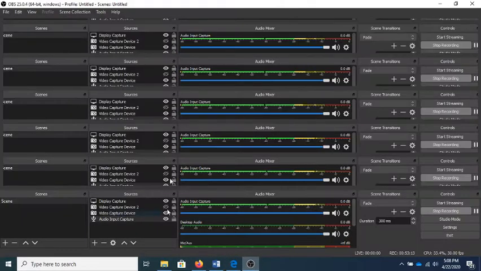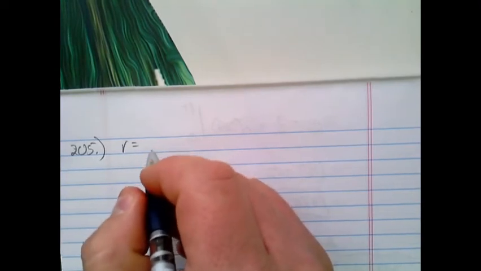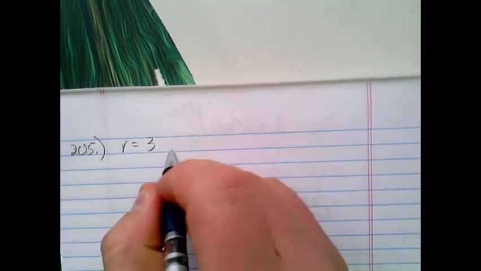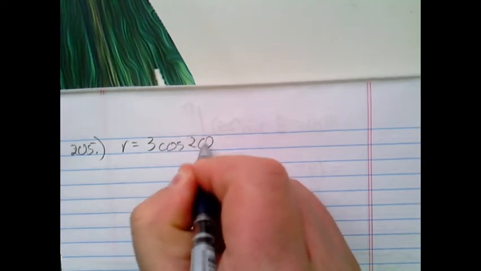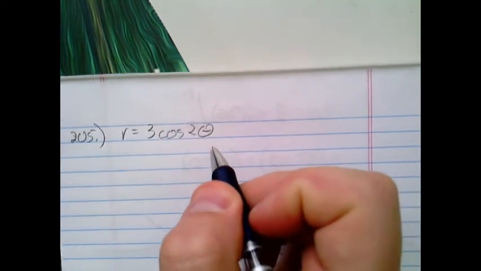Okay, so let me switch my view back. Now we're on problem 205. The polar equation for our rose curve is r equals 3 cosine 2 theta. Okay, so let me see.